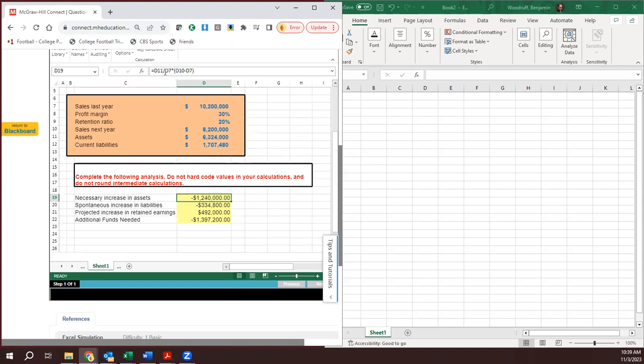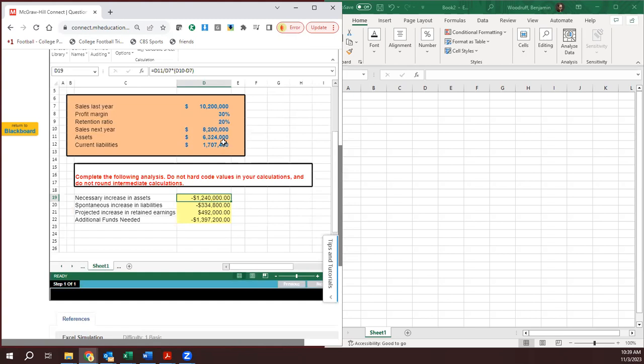So I can say assets divided by sales, and then I'm going to multiply that by whatever this change in sales is. The change in sales is the new sales figure minus the old sales figure. Right now, this is a smaller number than that one, so this whole bit within the parentheses is going to be a negative number. And that's why down here, I also get a negative number.